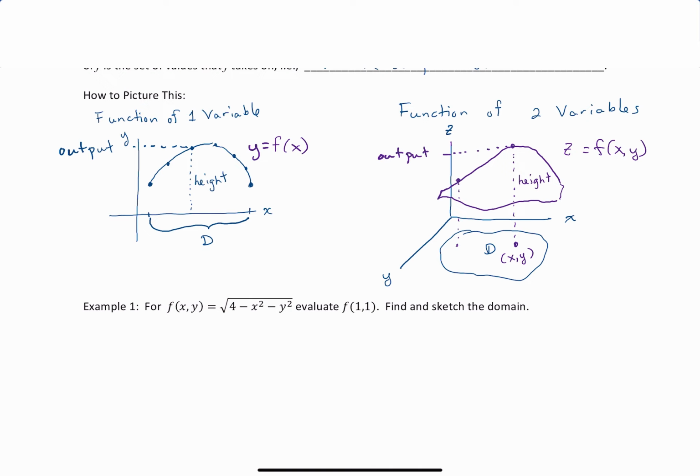So again, for a familiar function of one variable, the graph is going to be a curve. For this new function of two variables, the graph is going to be some kind of surface in 3 dimensions. So curve in 2 dimensions, surface in 3 dimensions.